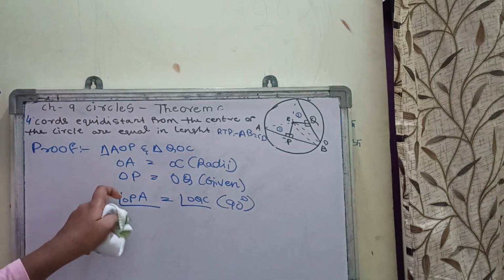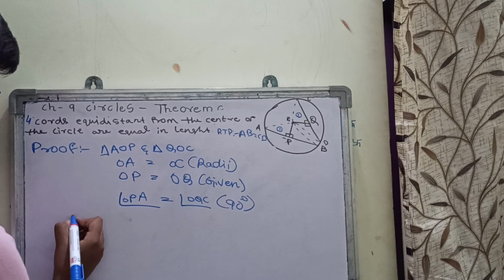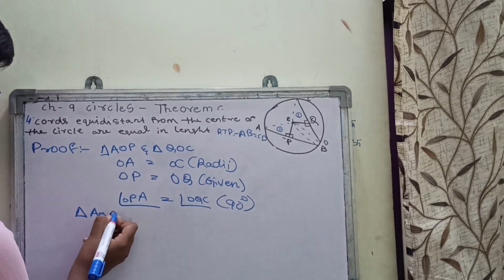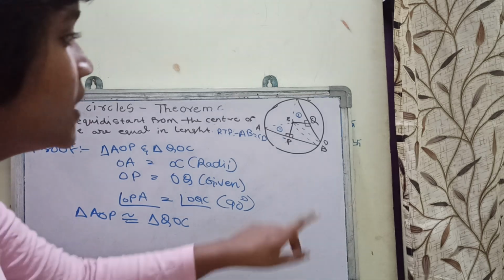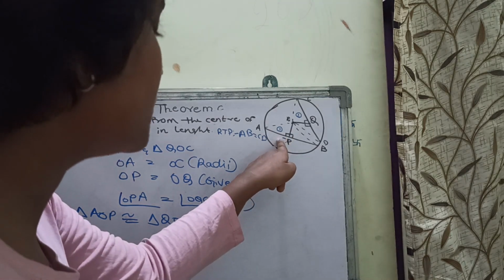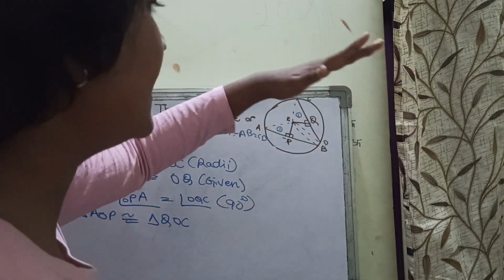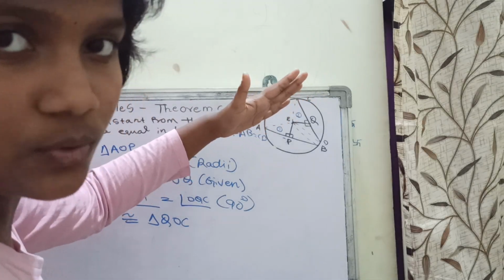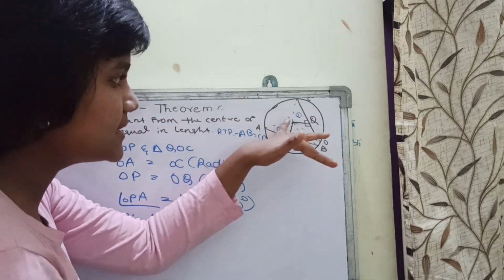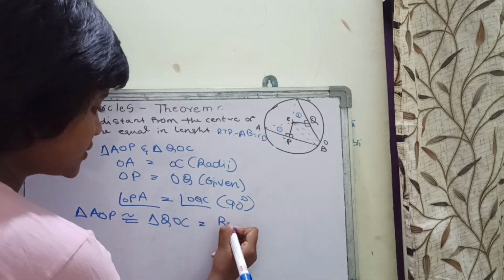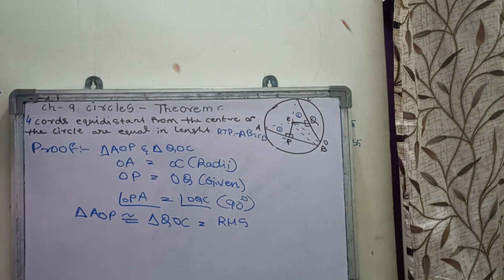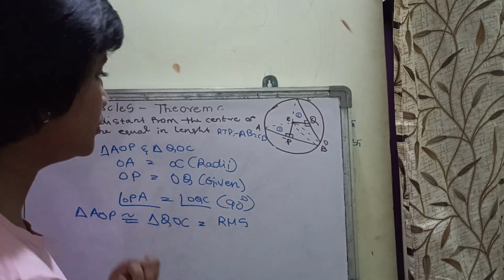So by proving this, we can say that triangle AOP is congruent to triangle QOC. By what, children? We have 90 degrees and the hypotenuse is equal. When it is 90 degrees and the hypotenuse is equal, then it is RHS property. By RHS property, we proved that triangle AOP is congruent to triangle QOC.